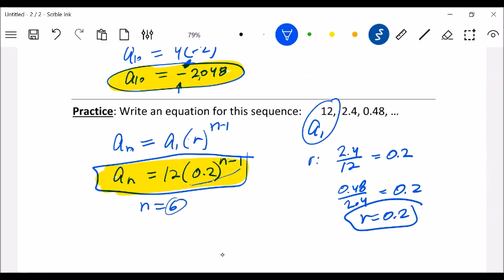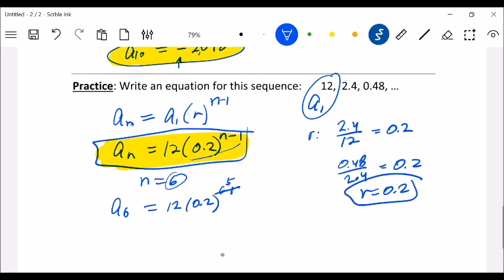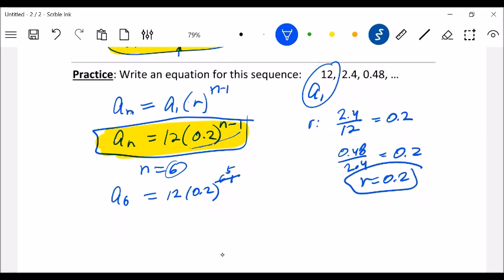Now, let's figure this out for, say, 6 years. N is equal to 6. That means the amount at the 6th position is 12 times 0.2 to the 6 minus 1, which is 5. 0.2 to the 5th power, let the calculator do that, multiplied by 12, and we get that A to the 6th is equal to 0.00384.